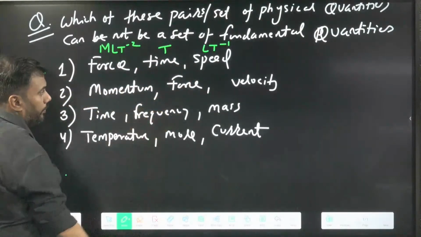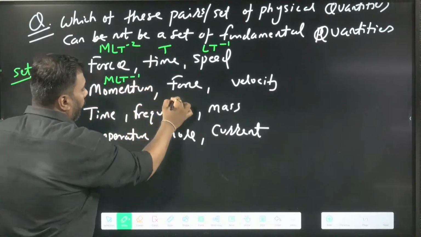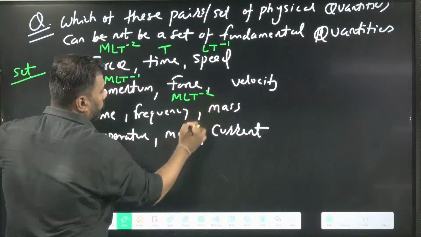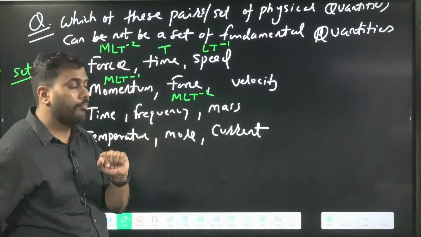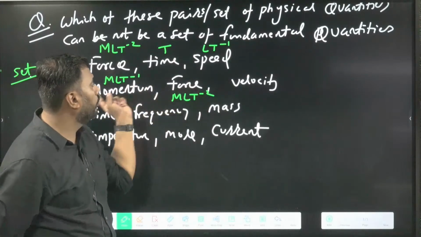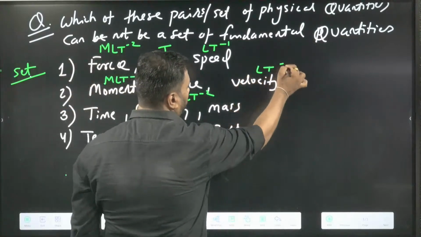Similarly, for the second option, momentum is M L T to the minus 1, force is M L T to the minus 2. Using force and momentum, we can derive time, but time is not here. Velocity is there, L T to the minus 1.